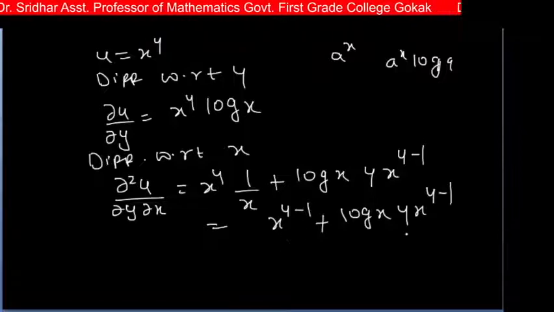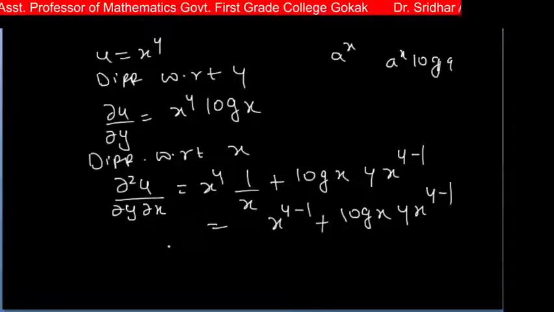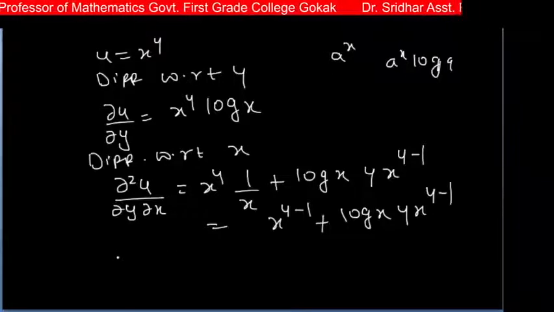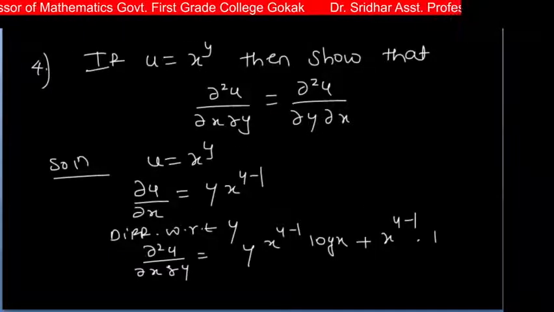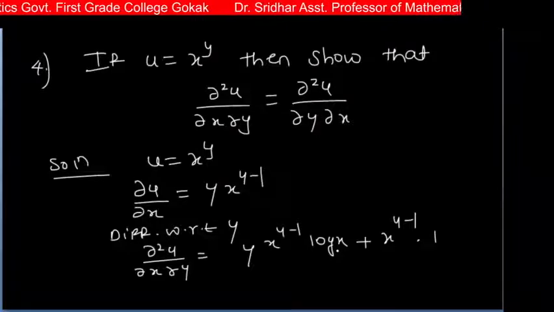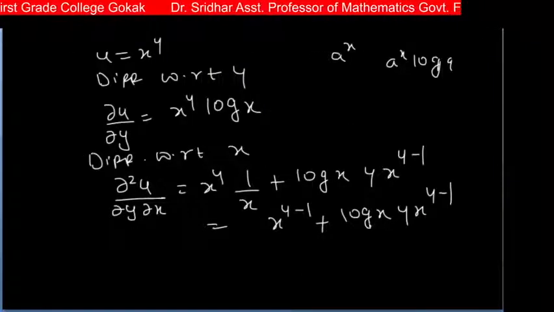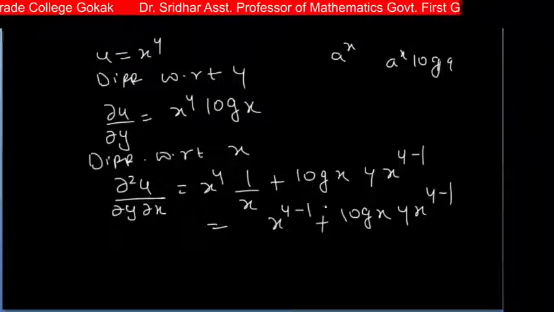Okay, so now consider this equation, this is ∂²u/∂y∂x. And here ∂²u/∂x∂y. Now this is equal to what? y x raised to y minus 1 log x plus x raised to y minus 1. And similarly here, y log x x raised to y minus 1 plus x raised to y minus 1.